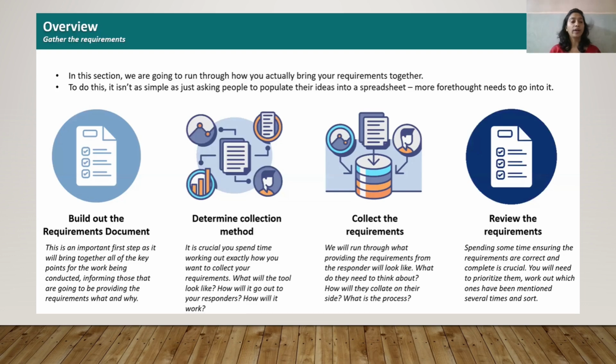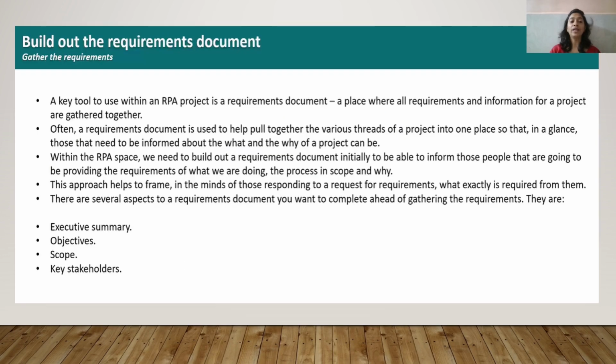So let's go ahead and proceed further with building out the requirement documents. A key tool to use within the RPA project is the requirement document, a place where all the requirements and the information for a project are gathered together. Often a requirements document is used to help pull together the various threads of a project into one place, so that at a glance those that need to be informed about the what and the why of the project can be.